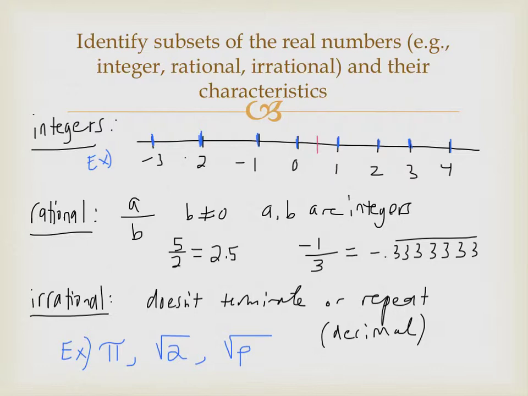Here is 13/7. Here is 3.5. Here is negative 1.8.